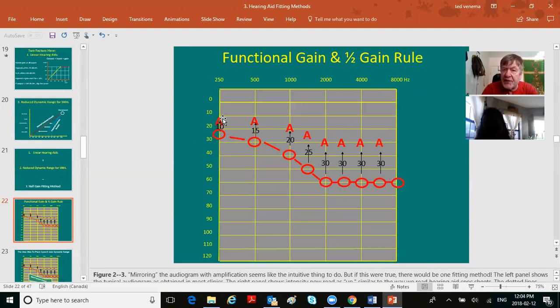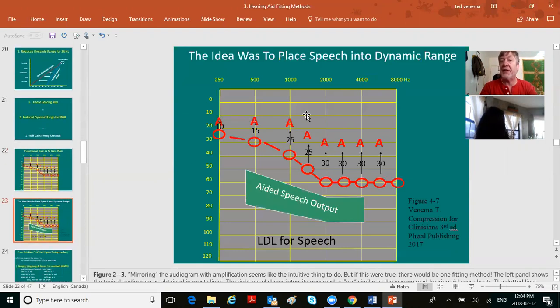And that's why these letter A's are not at 0. The target of his fitting method was half gain. So if he met his target of half gain, he was happy, because guess what? That meant that speech coming in would be sitting right there.